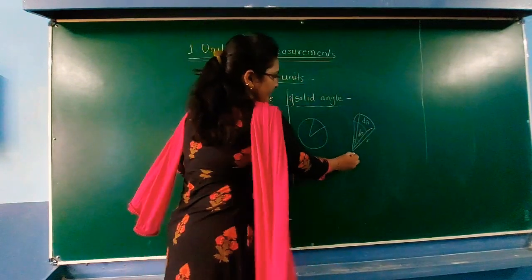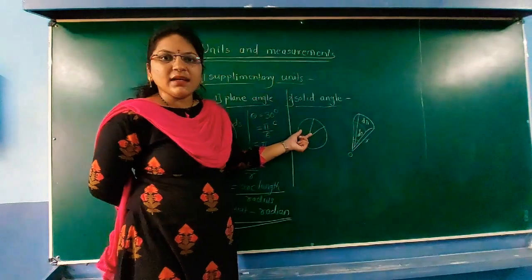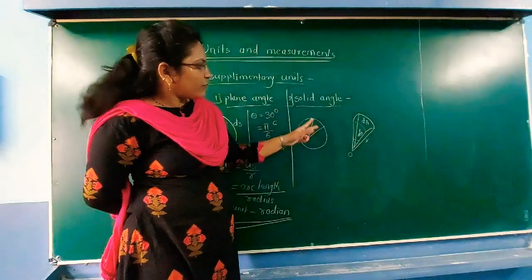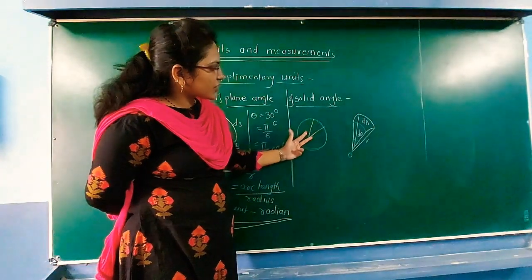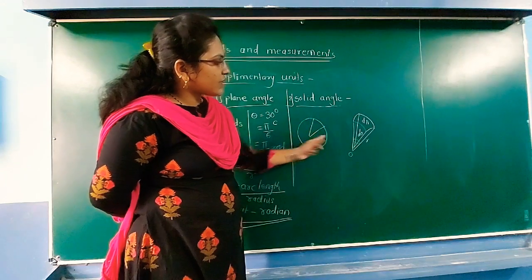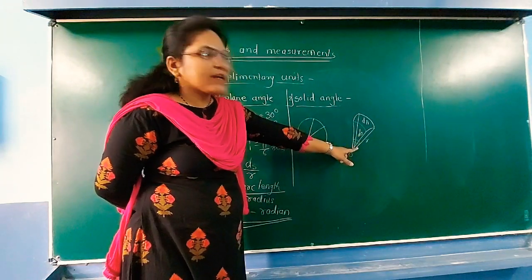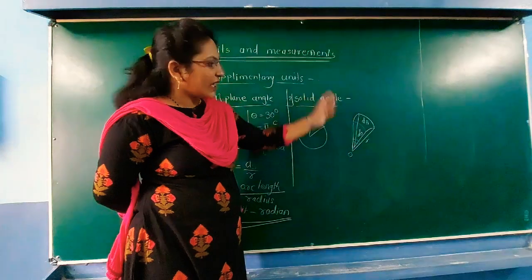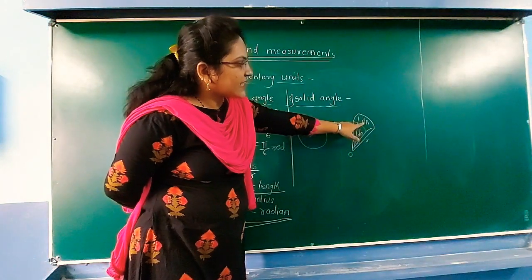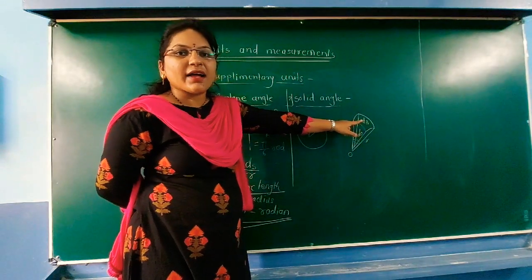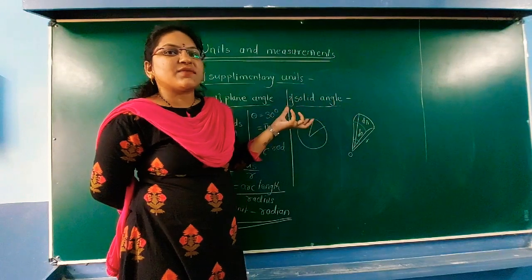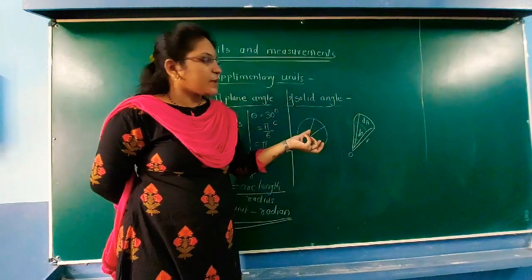See here, from the metal ball you cut this portion, then it becomes a cone shape. Okay, then there is dA. dA means the area of surface which is cut from the sphere.